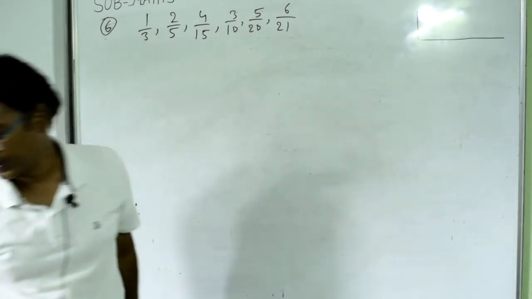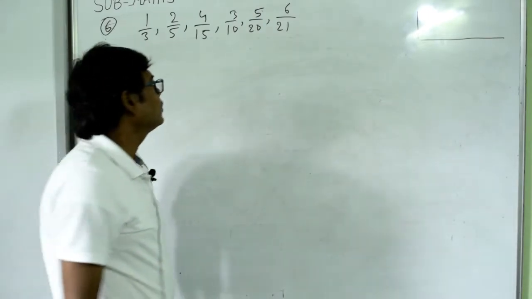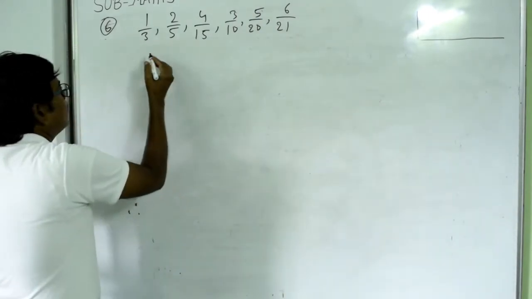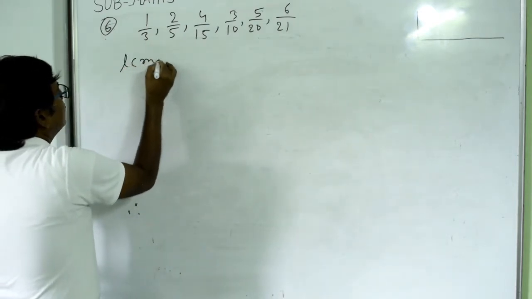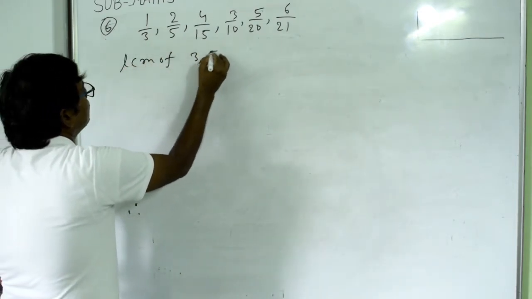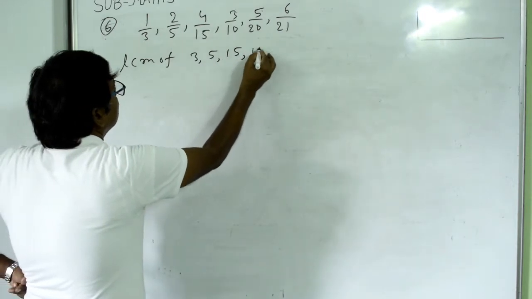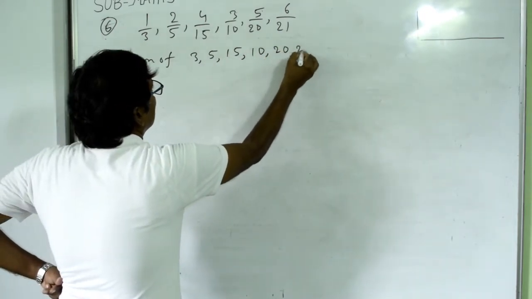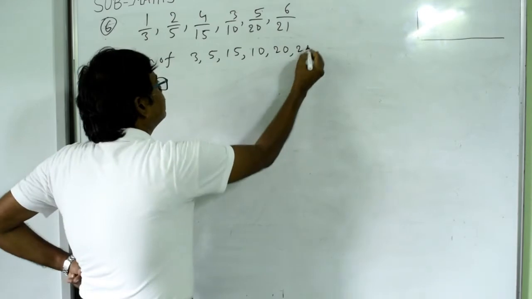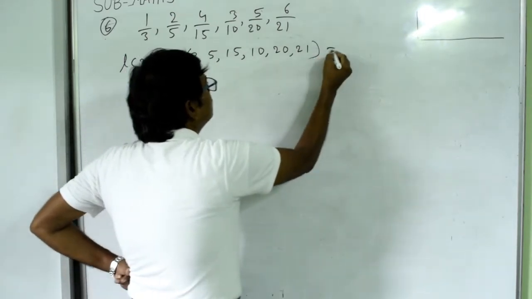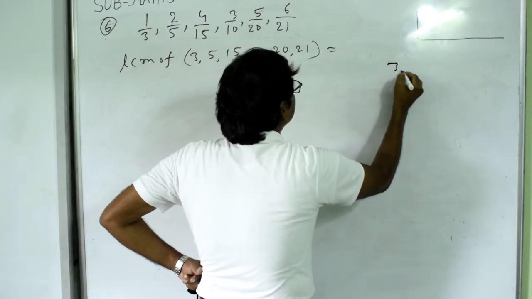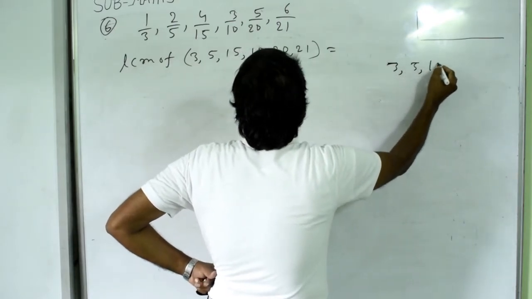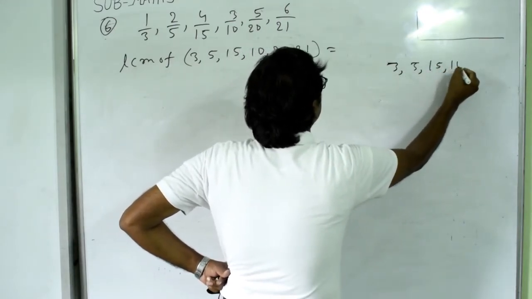Now find the LCM of 3, 5, 15, 10, 20 and 21. So find out the LCM.